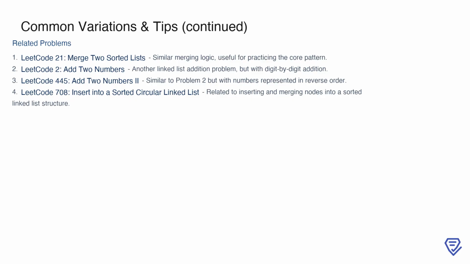Similarly, LeetCode 445, Add Two Numbers II, is another version of this problem where the numbers are represented in reverse order. Lastly, LeetCode 708, Insert into a Sorted Circular Linked List, involves working with sorted linked lists and is useful for understanding how to insert and merge nodes efficiently. Practicing these problems will strengthen your ability to handle a wide range of linked list scenarios.